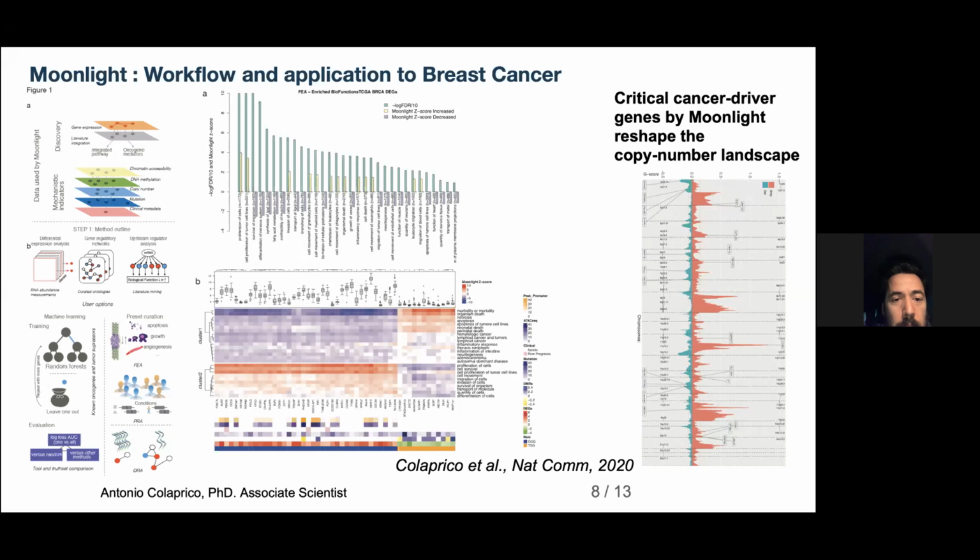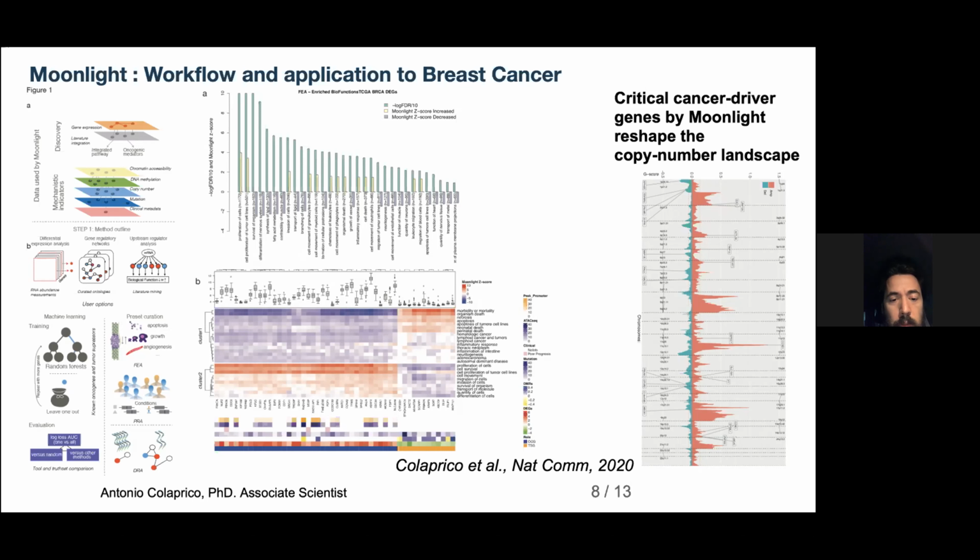What we can see here, for instance, is a breast cancer application where we integrated other multi-omics data types. The same oncogene we identified as amplified, and the tumor suppressor we found deleted.